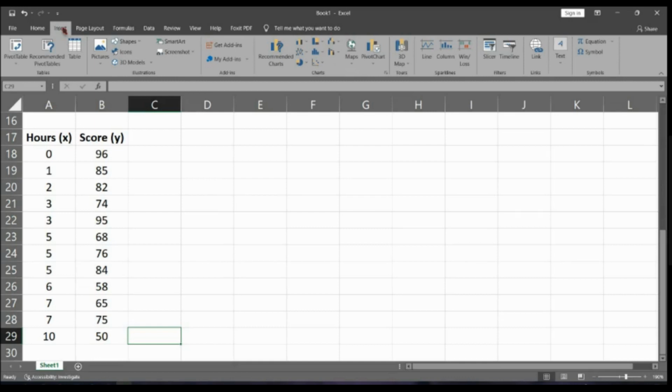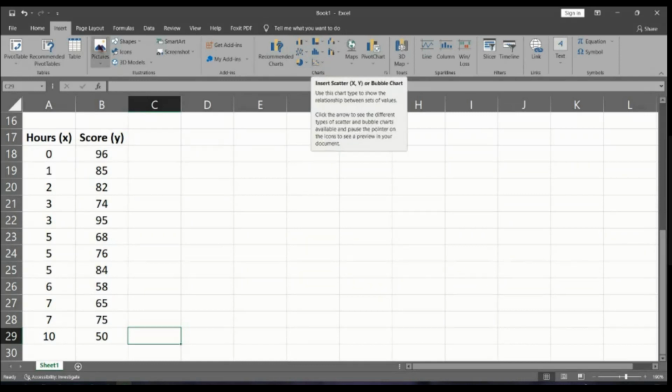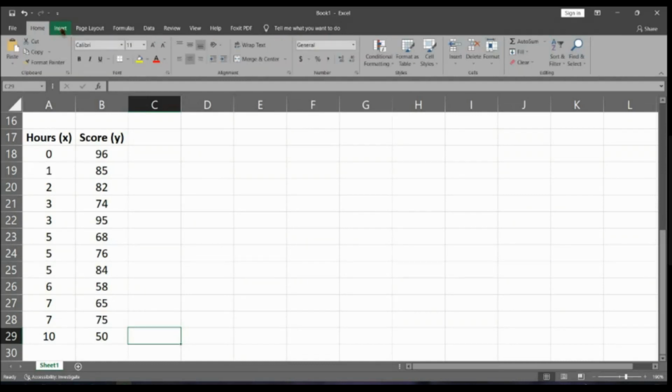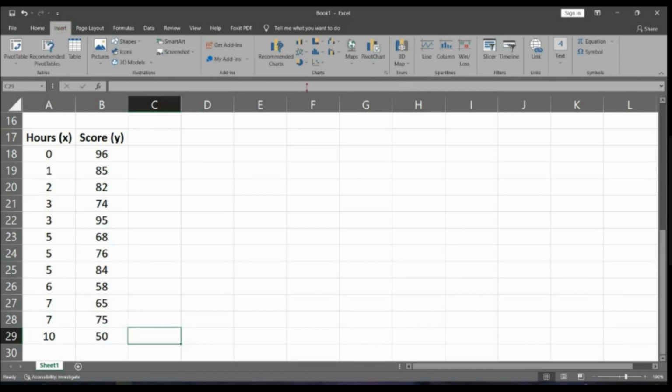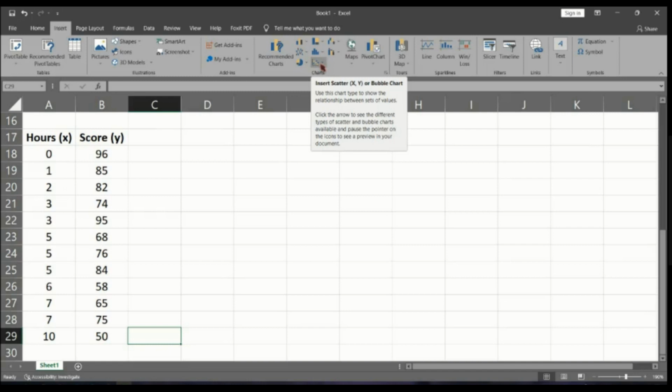So if you were using Excel, again, I'll show you how to insert the scatter plot diagram using Excel para mabilis na. So just go to the insert menu and look for the chart. And this is the logo for the scatter plot diagram.